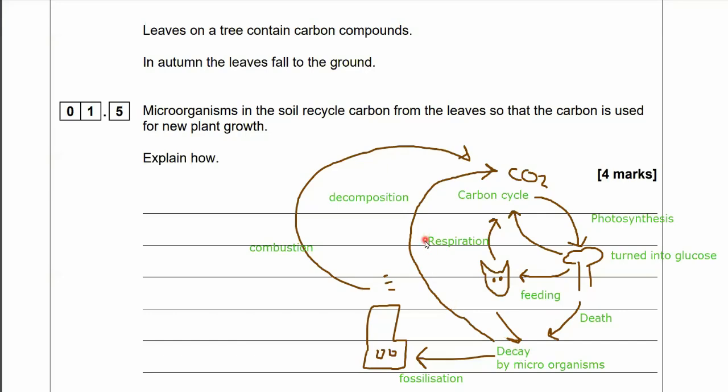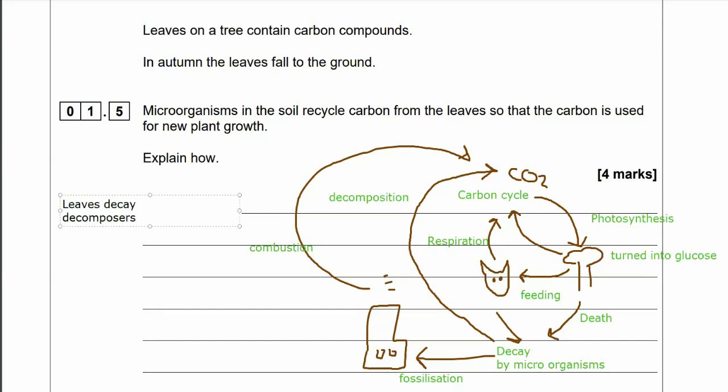Point scored. In the process called decomposition or respiration, they release the carbon as carbon dioxide into the atmosphere. Another point scored. The carbon dioxide in the atmosphere is taken into plants, green plants, by photosynthesis. Another point scored. It's turned into glucose. Another point scored, where it can be used to release energy.